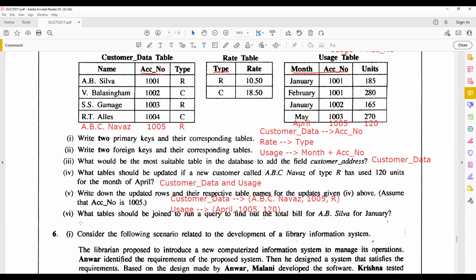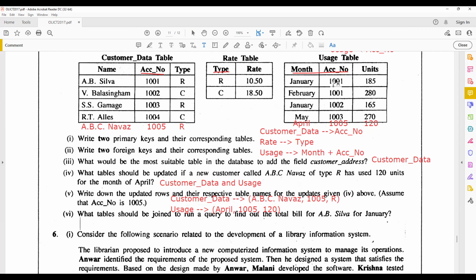So we can say all the three, right? We have to connect all the three. Why? Now the total bill for AB Silva, January. AB Silva means 1001. So 185 units, right? The rate we have to check next.